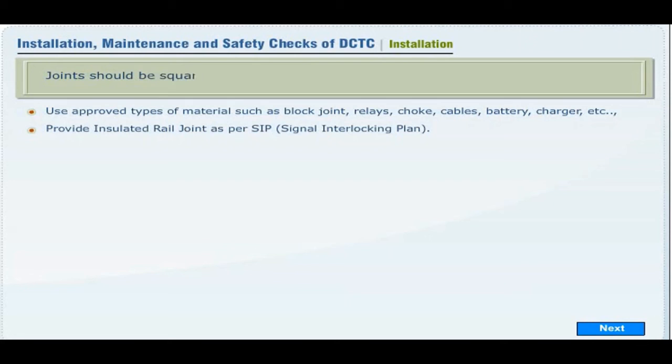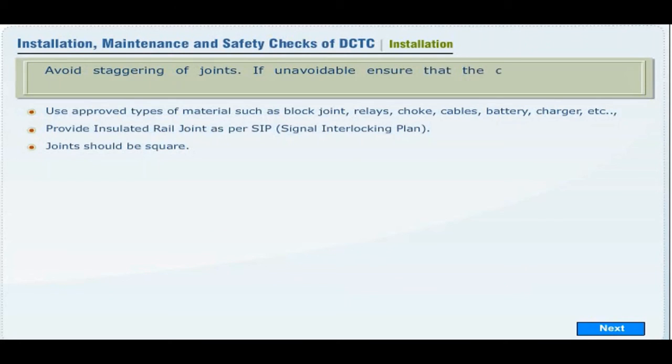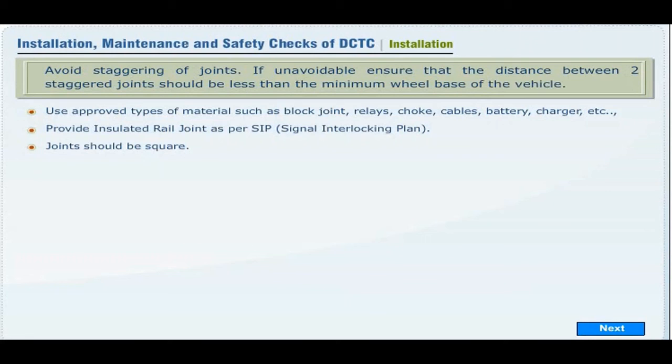Joints should be square. Avoid staggering of joints. If unavoidable, ensure that the distance between two staggered joints should be less than the minimum wheelbase of the vehicle.